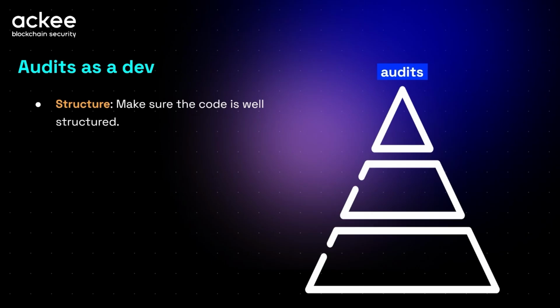We can also better navigate in the smart contract. Maybe when you have a good structure, you don't end up in situations where you have some logic specified actually 2 times. The next point is that it can help your team members to understand the smart contract faster and better. So if the smart contract is well structured, new team members can better understand the logic and can be included faster in the workflow, in the development process.